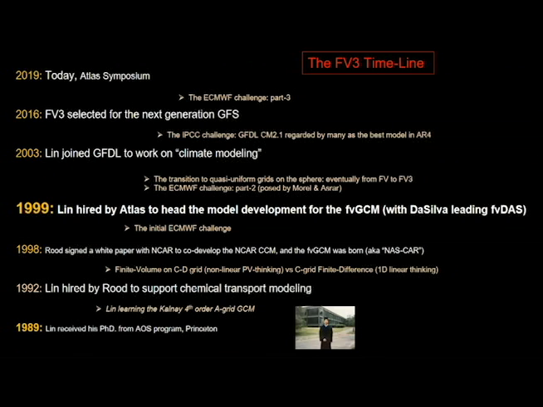So the IPCC challenge, when I transferred to GFDL, it took us 3 months to get the CM2.1. Previously, it was based on a big finite difference GCM, but it took us 3 months, not much tuning at all. It just worked. And actually this CM2.1 is still regarded as one of the best, if not the best, in AR4.